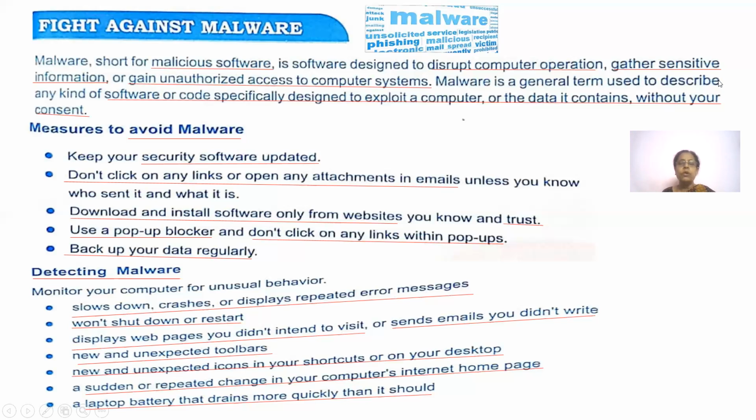Always download and install your software from websites that are trusted and that you know. And whenever you're using the computer, if you find a pop-up, don't try to click on those links that pop up, because they can contain such viruses.